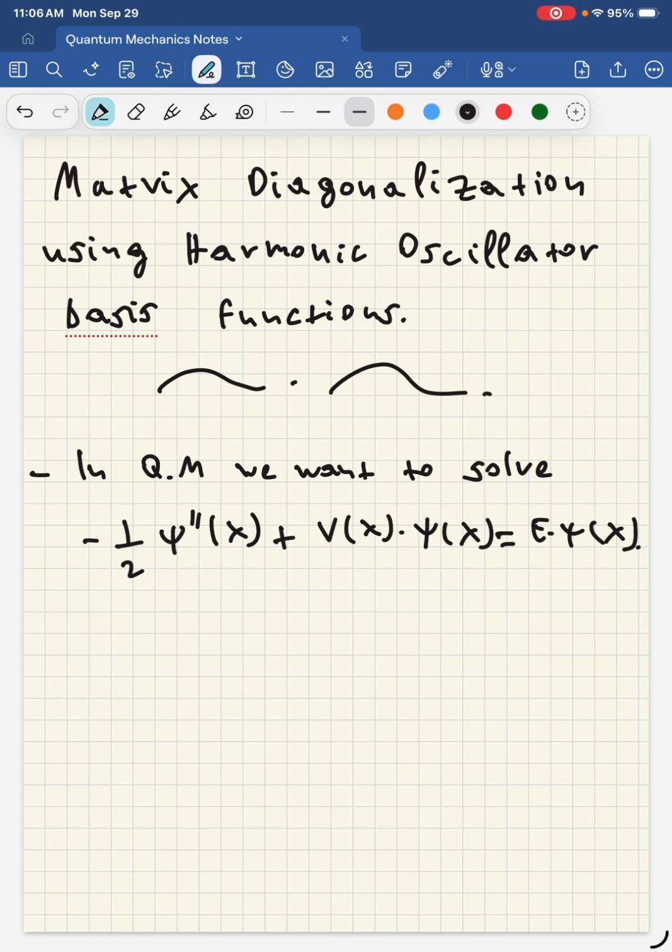Here this is the one-dimensional Schrödinger equation. And okay, for the Poschl-Teller potential, we got lucky and there are analytic solutions.